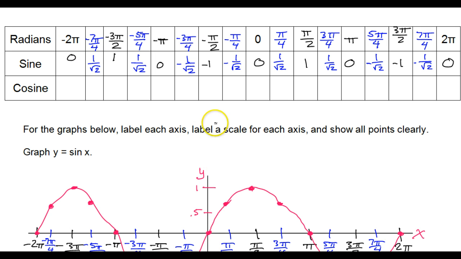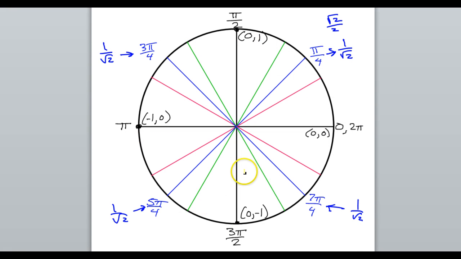Now it's time to do the cosine function. I went into great detail and did the sine function very slowly so you could understand. Having learned from how I did the sine function, I'm going to do the cosine function very rapidly because it's almost the same thing. So cosine now.